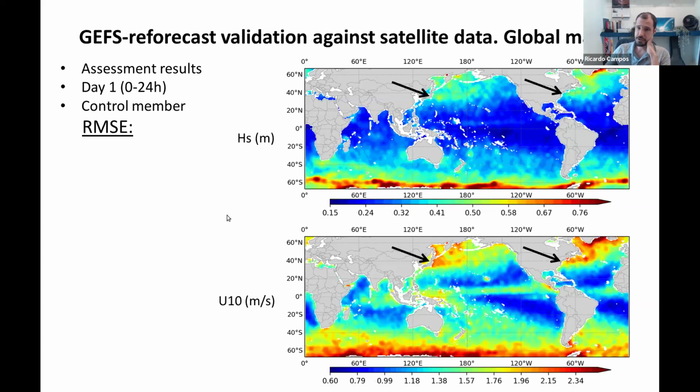It's also interesting to see the effect of the wind speed with larger scatter errors on the warm currents, here the Gulf Stream, Brazil, and also the Kuroshio current, that's reflecting on the waves. So the significant wave height is responding to the errors of the wind speed on the warm currents.